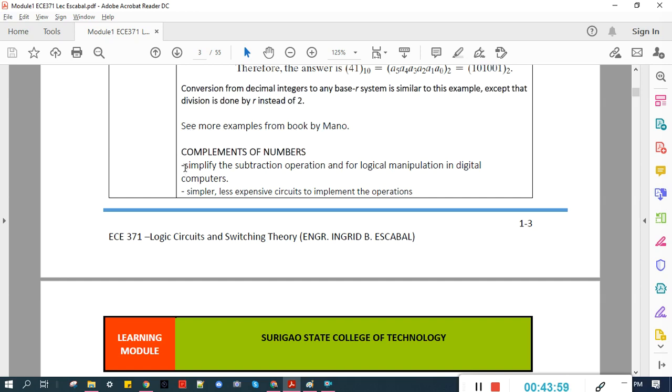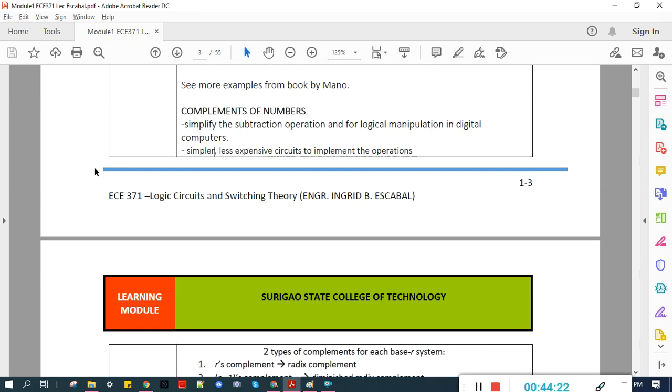Complements of numbers simplify the subtraction operation for logical manipulation in digital computers. This makes it simpler and less expensive to implement the operations in the logic circuits.